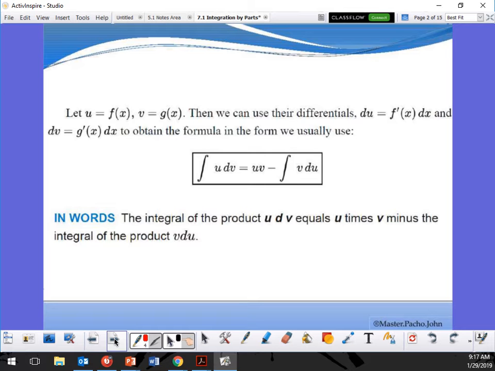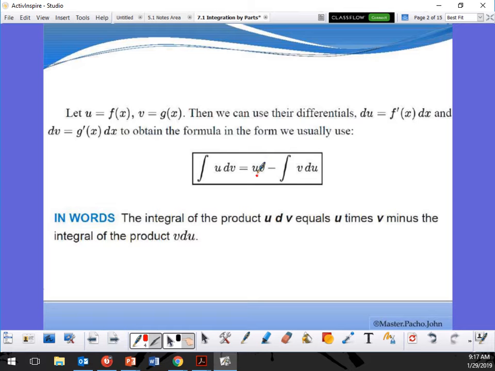Okay, f of x is my u and v is the g of x. We can use their differentials: du, the derivative of u, is f prime dx, and the derivative of v is g prime dx. To obtain the formula we usually use, whatever the function is, I'm going to break it up into a u and a v.